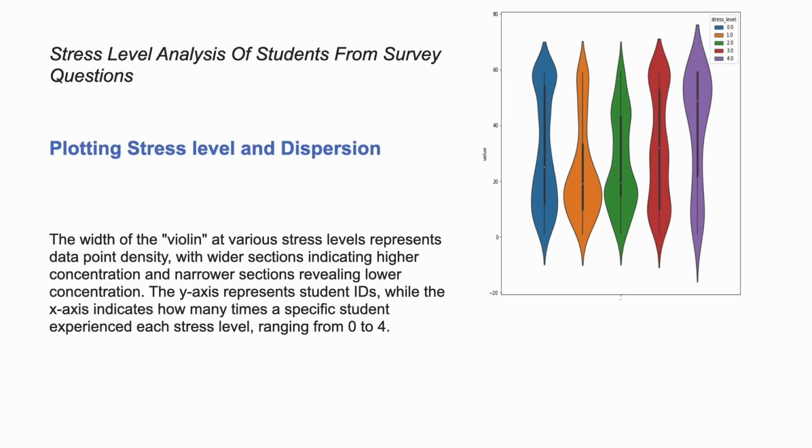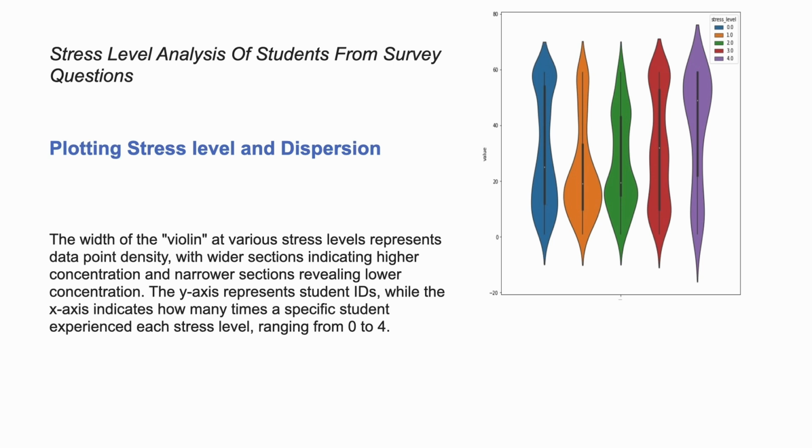Next is stress level analysis of students from survey questions. We will be plotting stress level and dispersion using a violin plot, which is a modified version of a box plot to understand dispersion of data better. The width of the violin at various stress levels represents data point density, with wider sections indicating higher concentration and narrower sections revealing lower concentration.